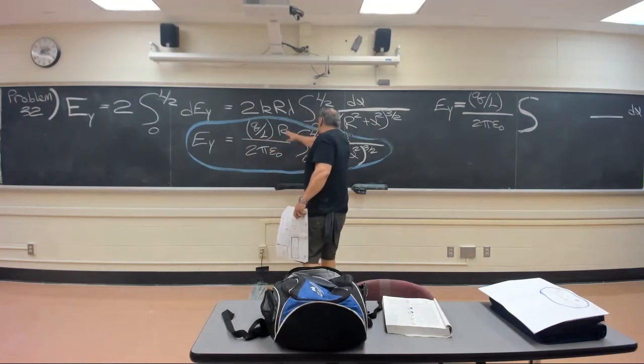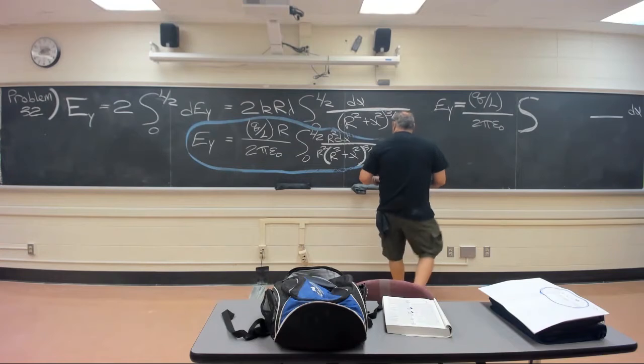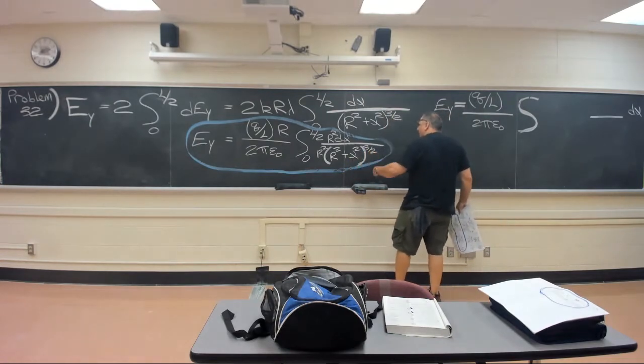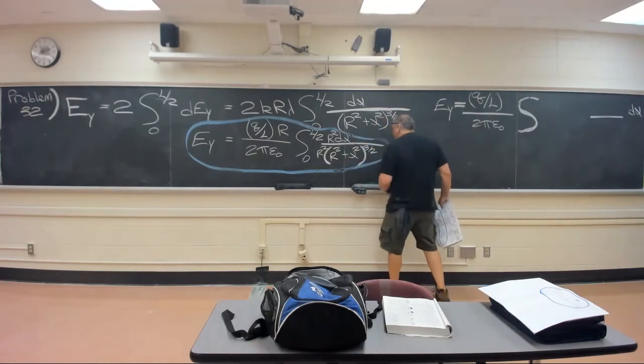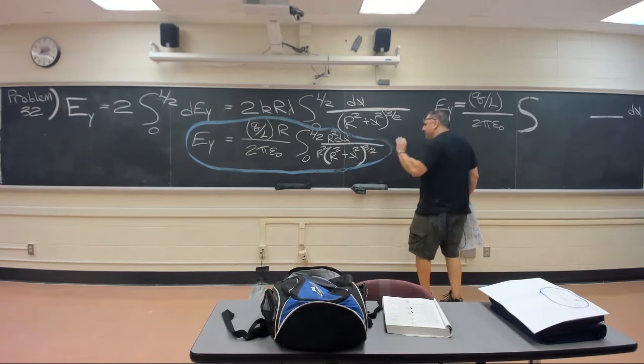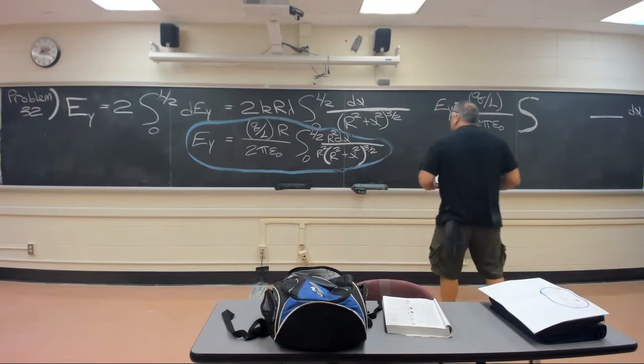That R came in. You pulled out the quantity capital R squared plus X squared to the 1/2, and that left the quantity R squared plus X squared to the 2/2. You add 2/2 and 1/2, you get the 3/2, and we were already talking about that earlier.